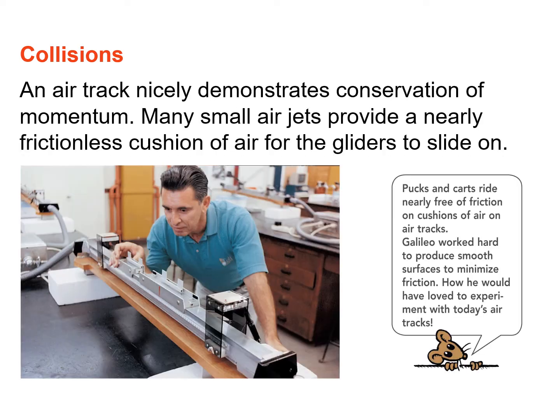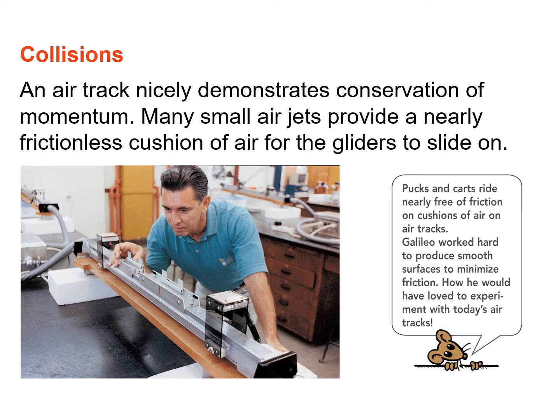If we were at school, I'd be having you go to lab right now to work on an air track. This is just a device that has lots of little holes coming out of it, like an air hockey table, and you've got these little sliders on it, and you can make them collide and bounce apart, or collide and stick together.